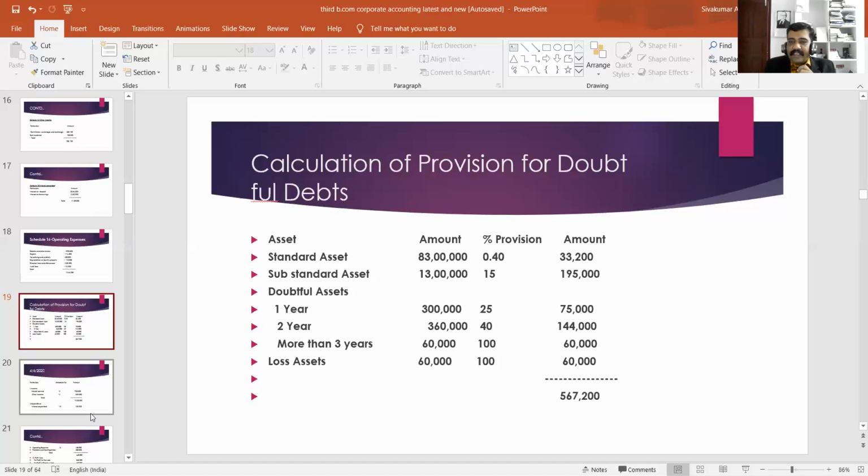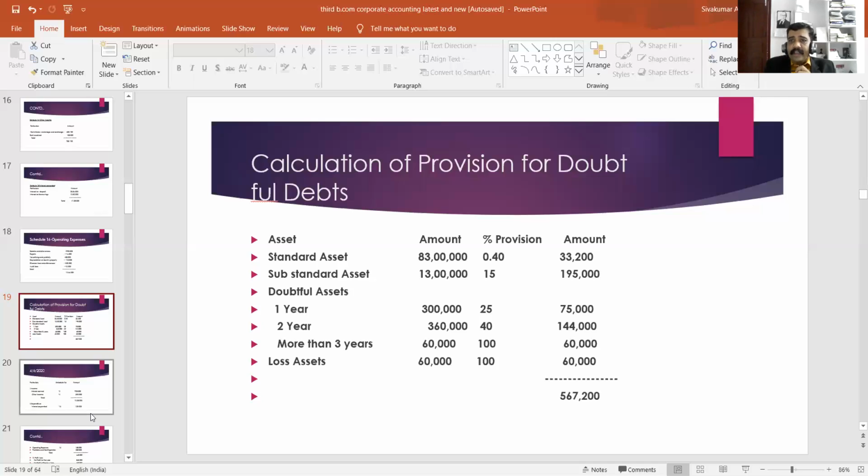If a doubtful asset exists for a period of 2 years, please provide 40% of that asset as provision. If a doubtful asset exists for a period more than 3 years, then please provide 100% of that amount as provision.